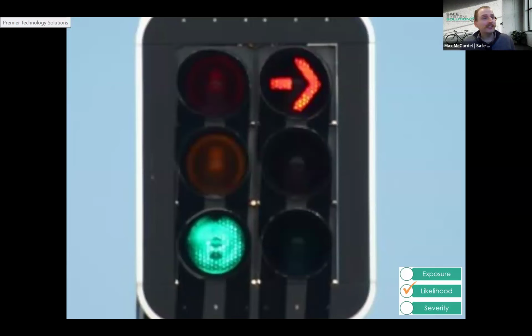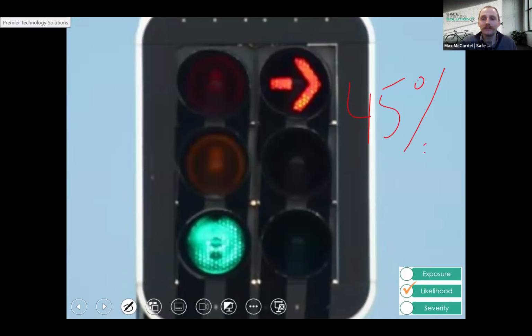The crash reduction factor associated with traffic signals is around about 45%. So the number of crashes you're expecting to reduce with the implementation of traffic signals is about 45%.